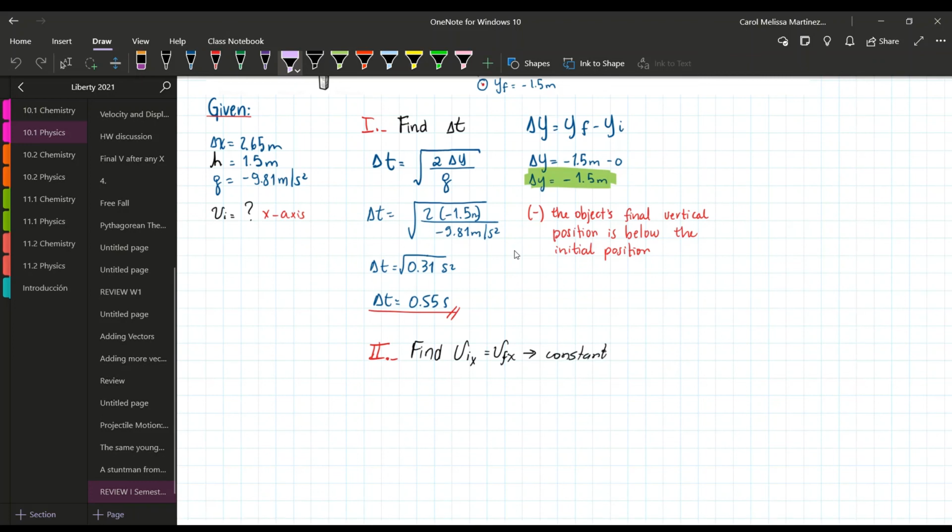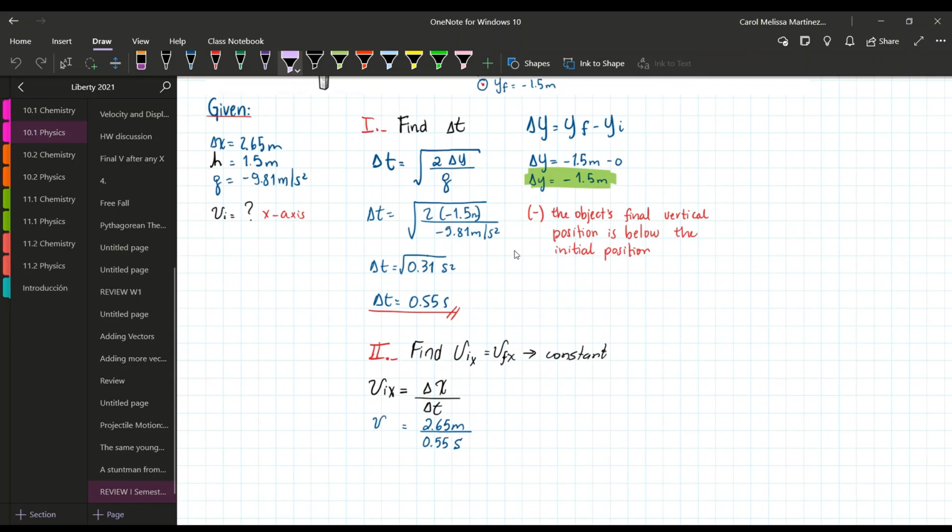So the initial velocity in x is equal to, according to the formula I gave you, delta x divided by delta t. Apply the formula, plug in the givens, and you will have 2.65 meters divided by 0.55 seconds.